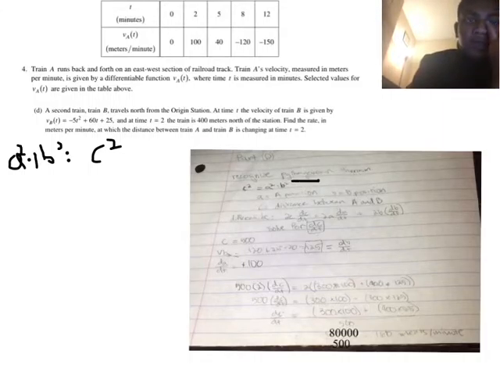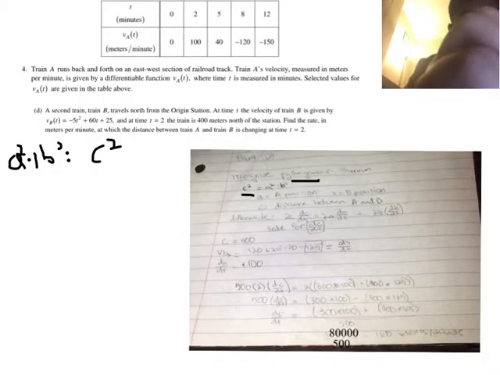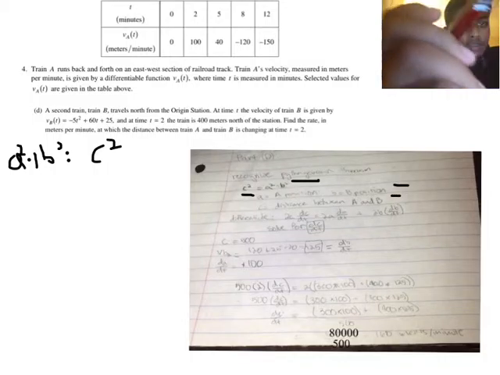And then we need to assign values for these: we can say a is equal to A's position, lowercase b is equal to B's position, and c is equal to the distance between A's position and B's position.